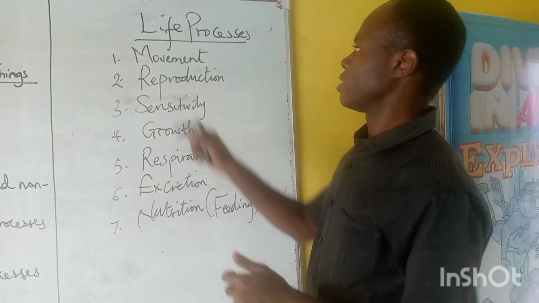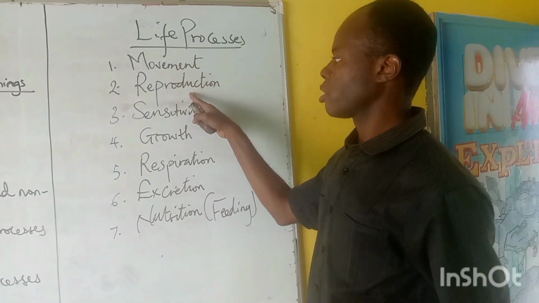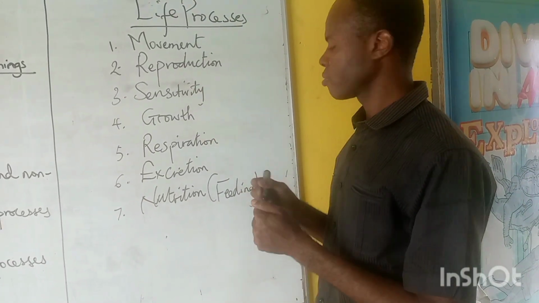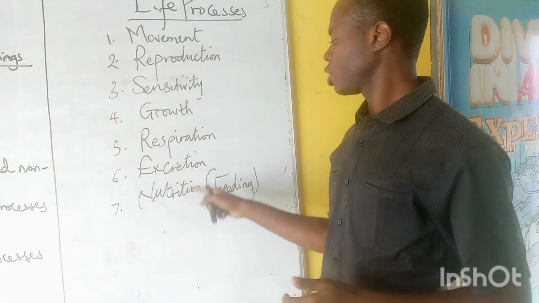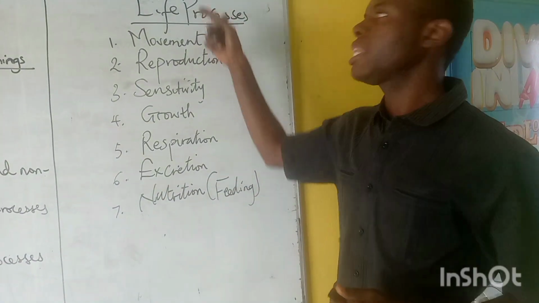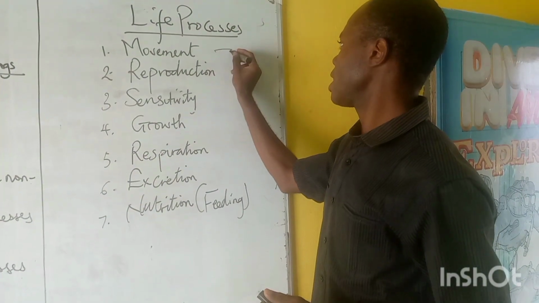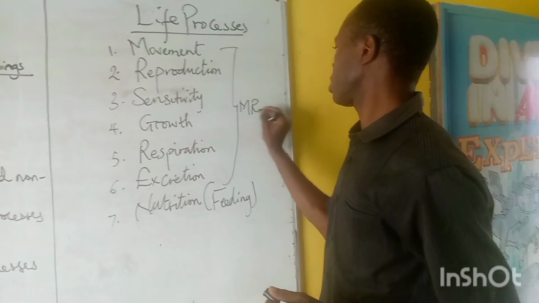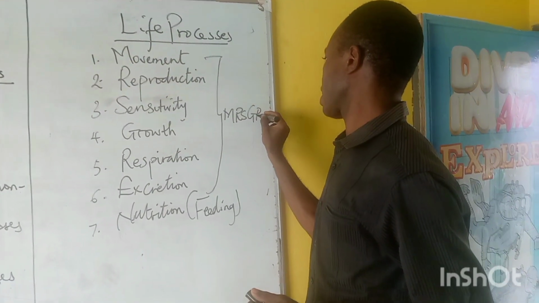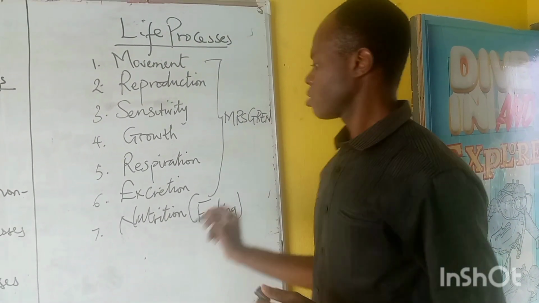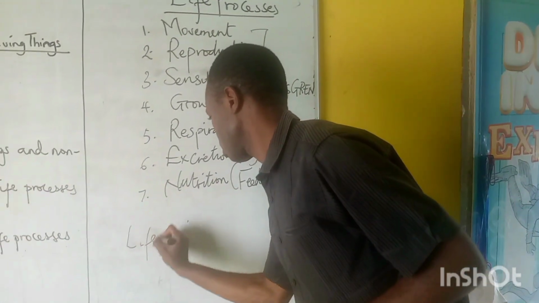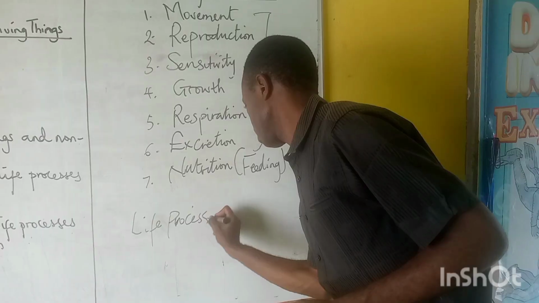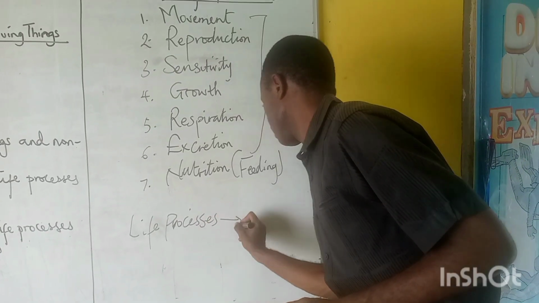The life processes: movement, reproduction, sensitivity, growth, respiration, excretion, nutrition. We can remember these life processes using an acronym called Mrs. GREN.